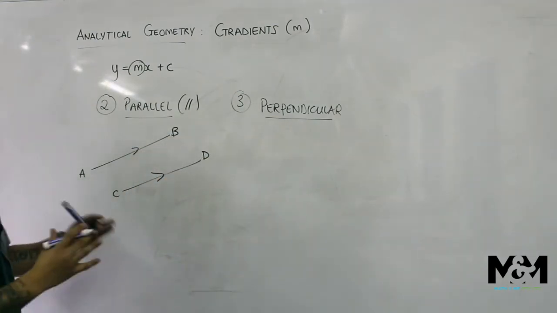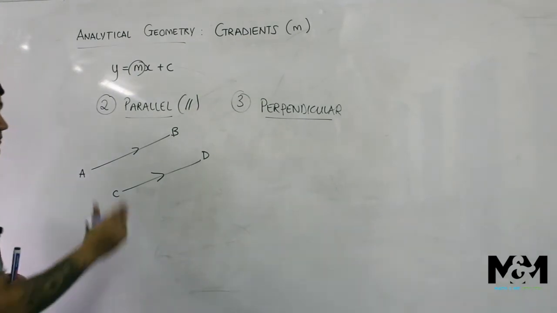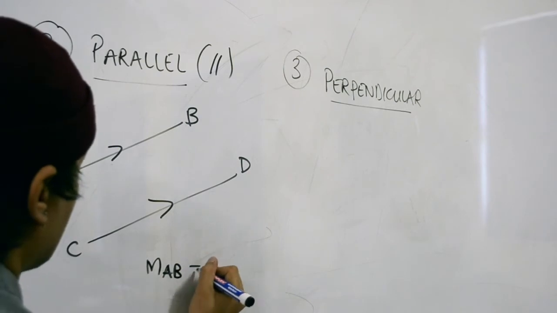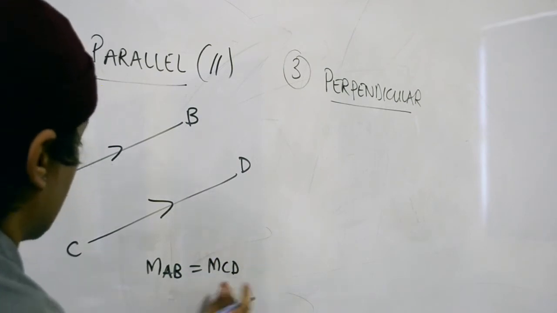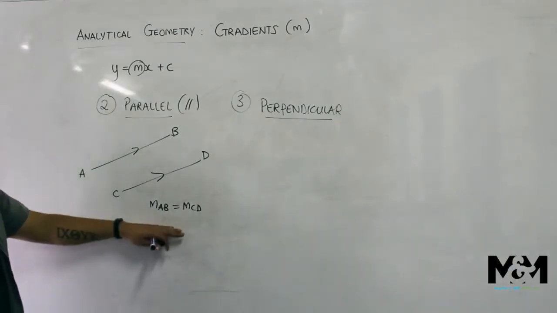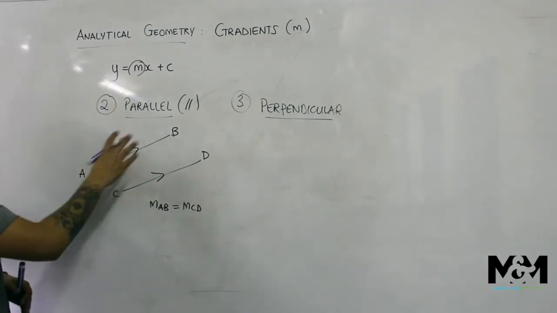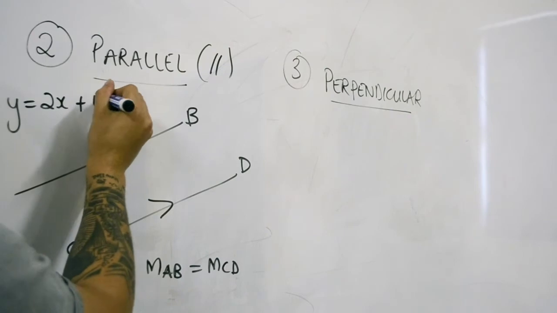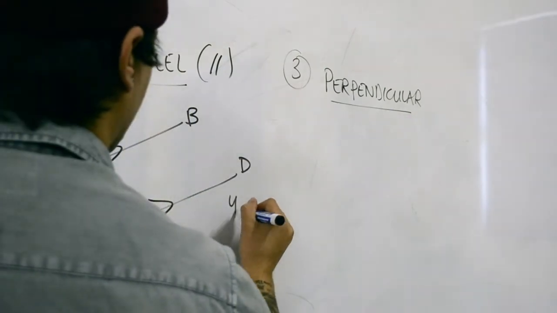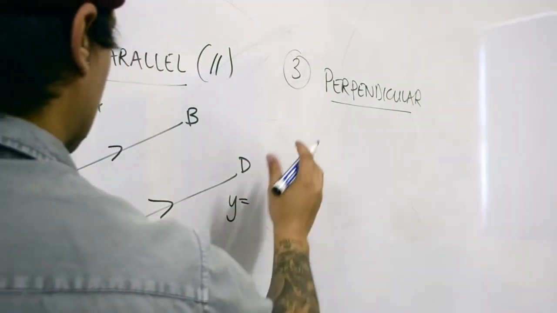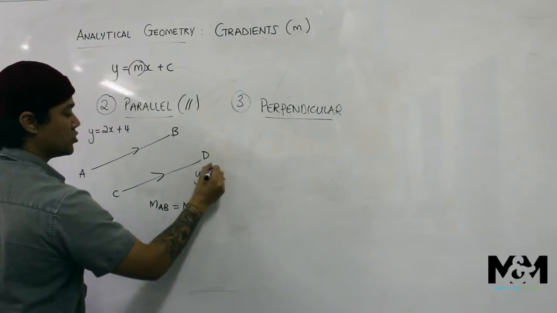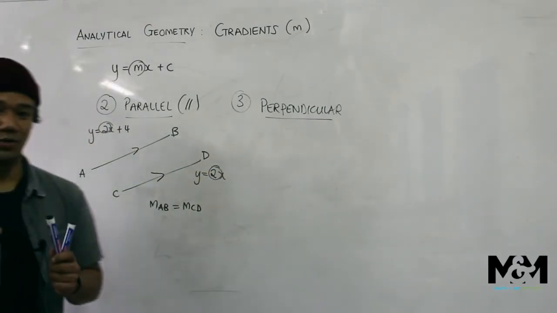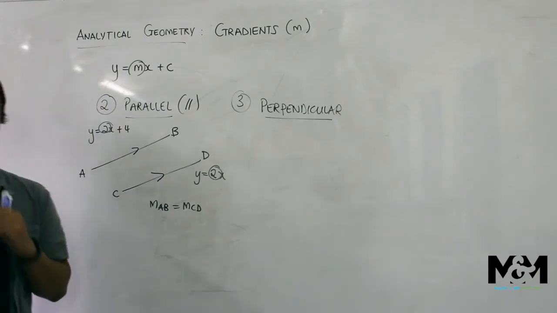When we know we're dealing with parallel lines, I know that the gradients of parallel lines are the same. So if AB has an equation y equals 2x plus 4, then without even knowing much about CD, I know it will also be 2x. You see the same gradient. Very important here though is that the lines do not have the same equation.